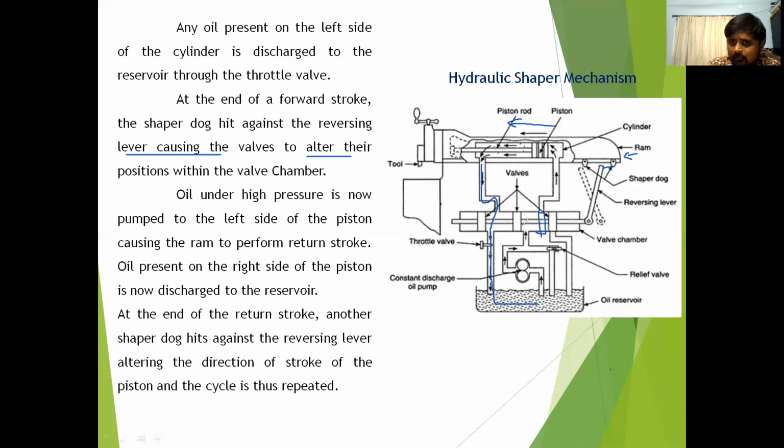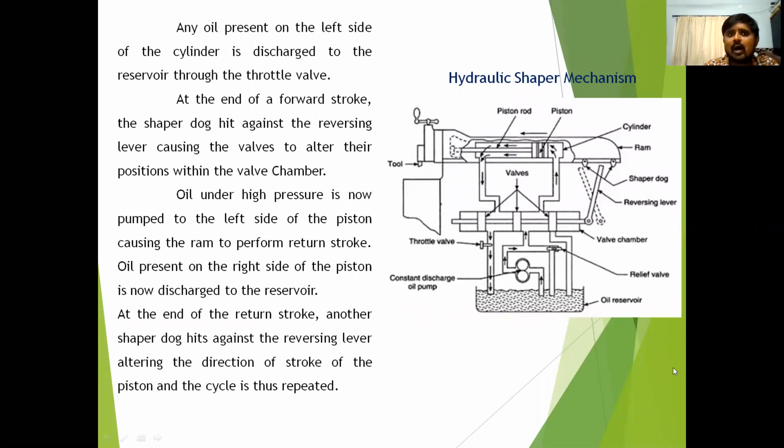Automatically the oil will move in this direction and hit the piston in the reverse direction. It will push the piston. Like this, we can operate the piston inside the cylinder in forward and reverse direction.